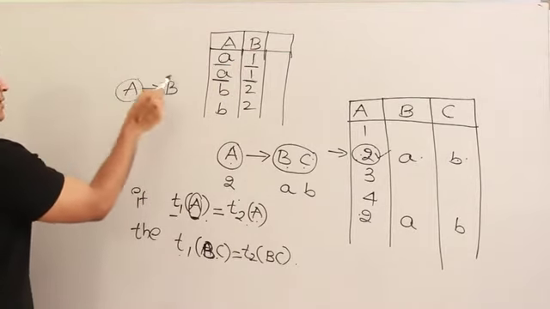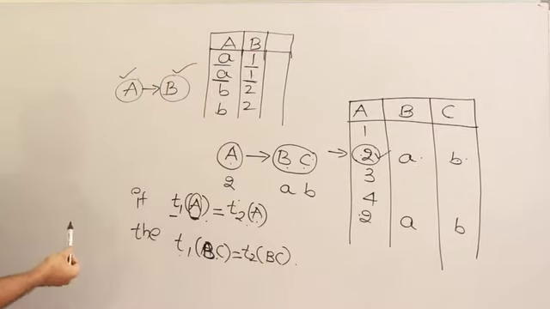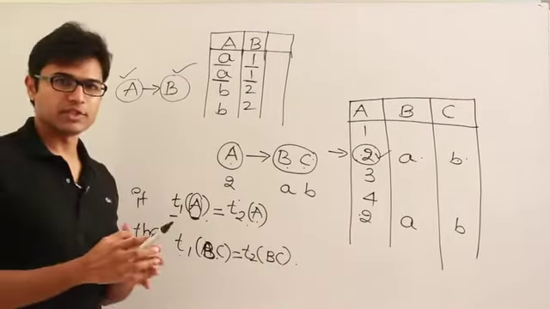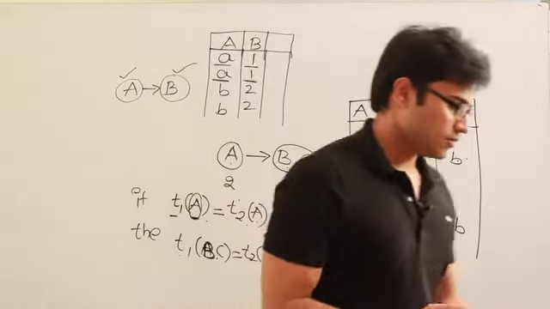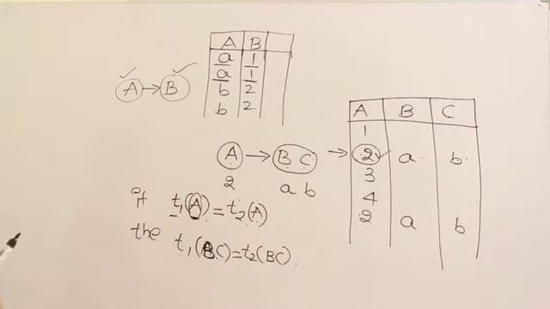So A determines B means, given any value of A, you will be able to uniquely find out the value of B. Now why is it very important in terms of splitting the table, or eliminating the redundancy? See this, I'm just taking this example.